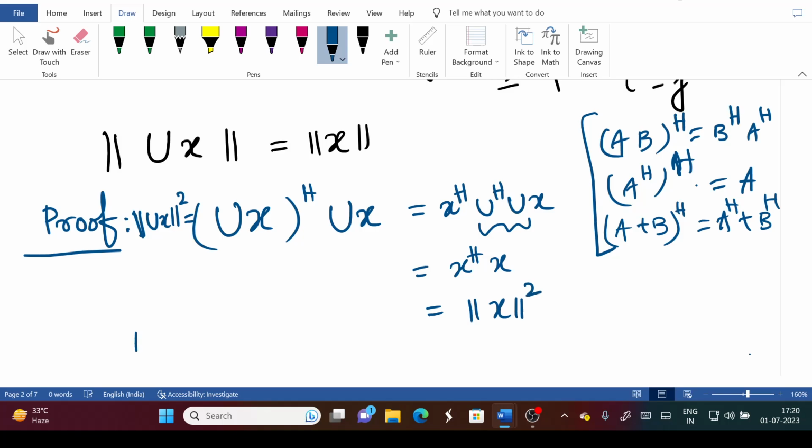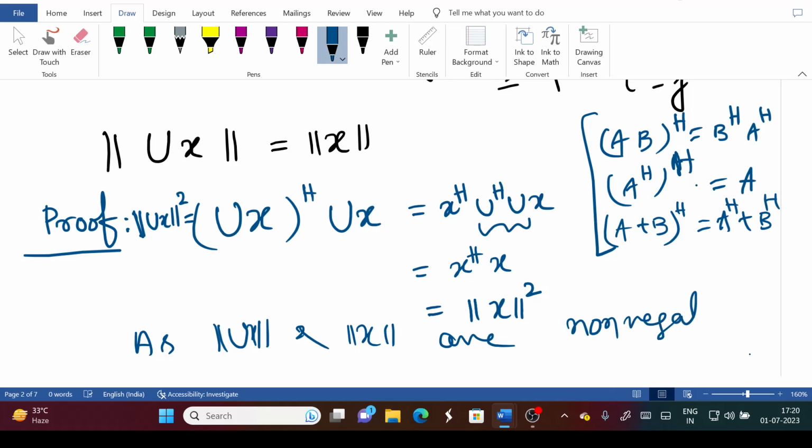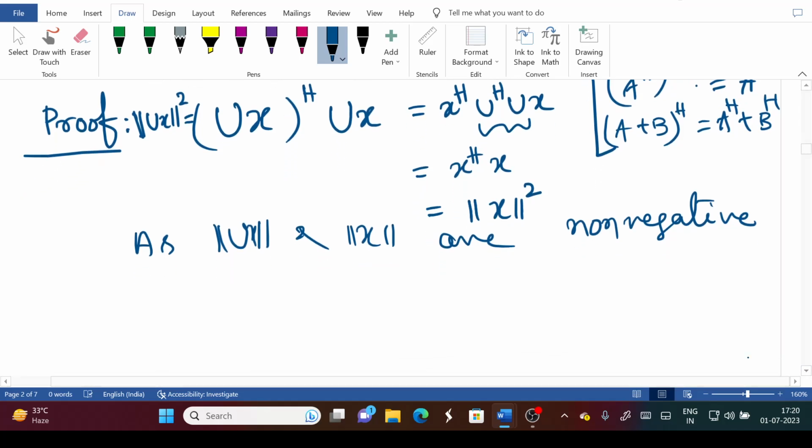Now, as the lengths are always non-negative, we can take the positive roots on both sides. This implies length of Ux is equal to length of x, meaning unitary transformations are length preserving.